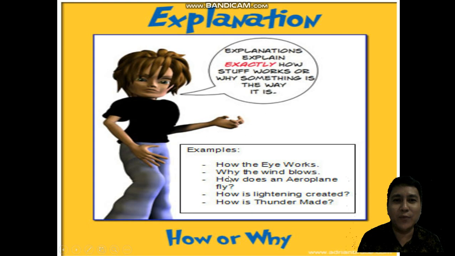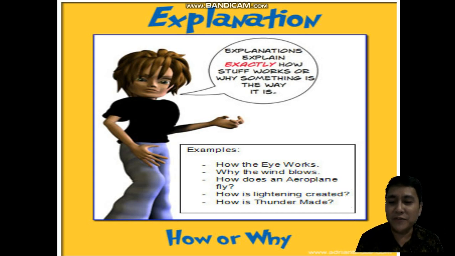You can take a look at more explanations here: how the eye works, why the wind blows, how does an airplane fly, how is the lightning created, and how is thunder made. And then how day comes and how the sun rises and how the sun sets. So this is the natural process anyway.